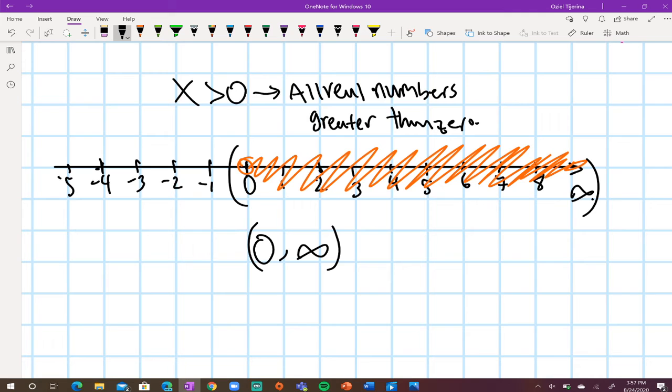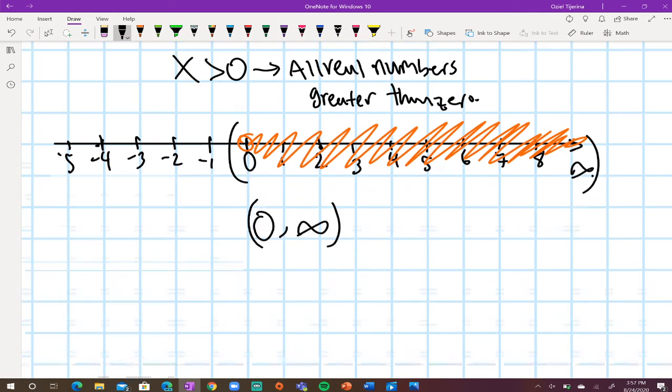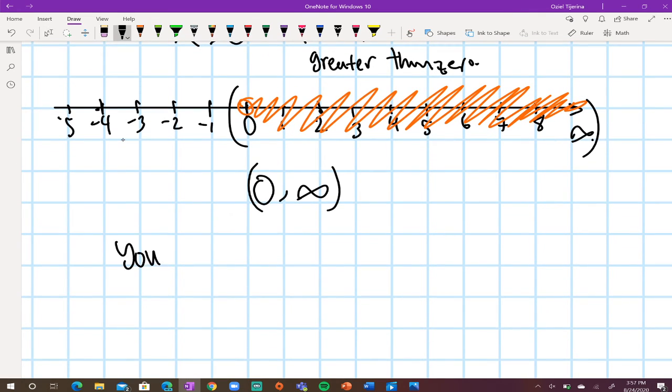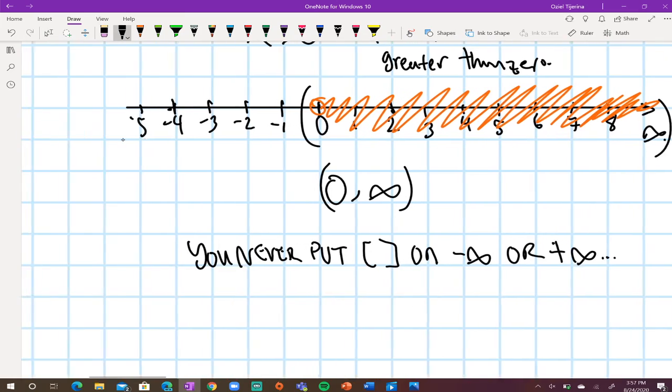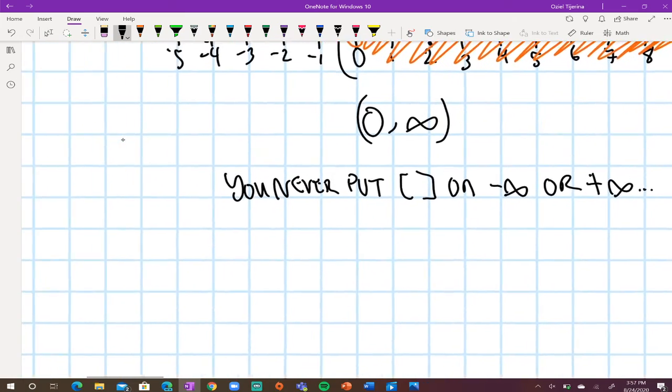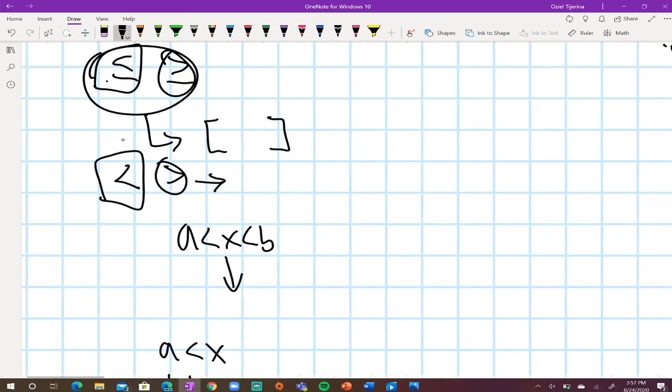The thing about infinity and negative infinity is that you never put brackets on negative infinity or positive infinity, okay? You never do that, because that's going to be wrong.